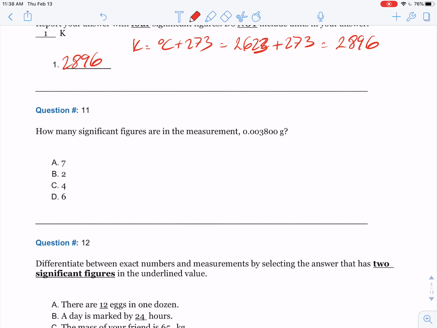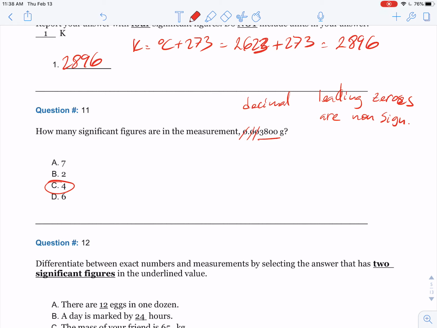How many significant figures are in the measurement? So you have a decimal point and leading zeros, or zeros to the left, are non-significant. Okay, so this is not significant, this is not significant, this is not significant. So you end up with 4.